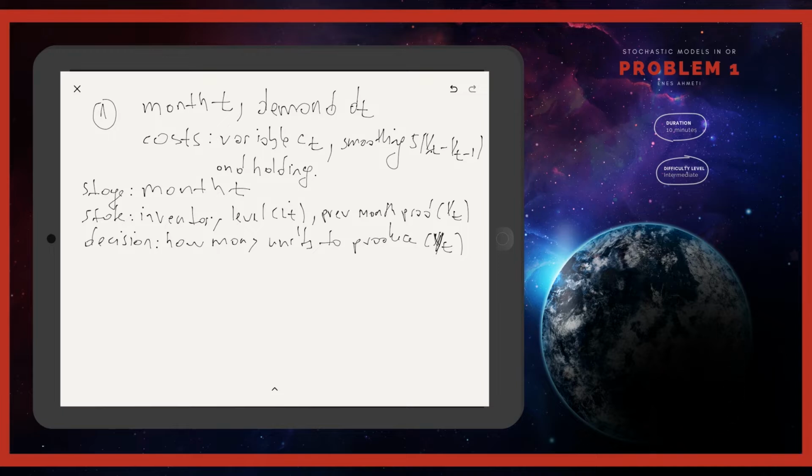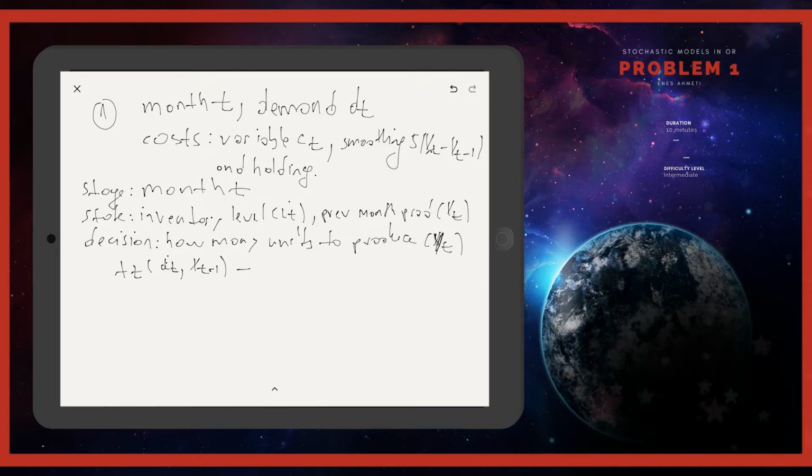Okay, now we have defined our stage, state, and decision. We know what kind of problem we're dealing with. So we need to define our function. And what is our function? Basically, in this situation, we are dealing with inventory level and the previous month's level of production.